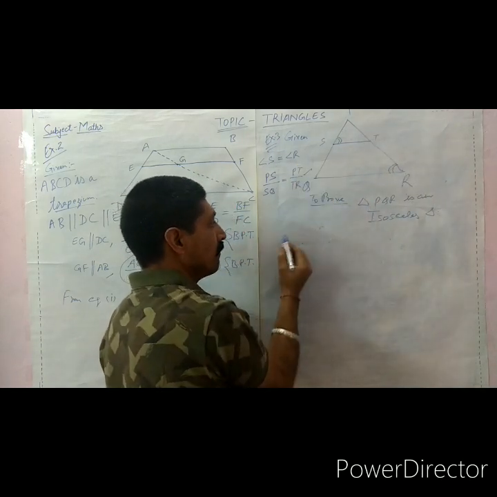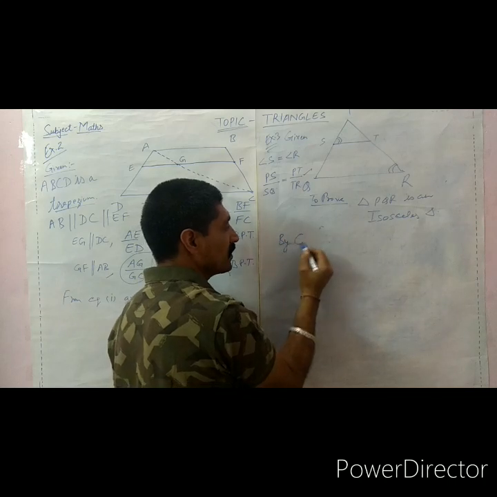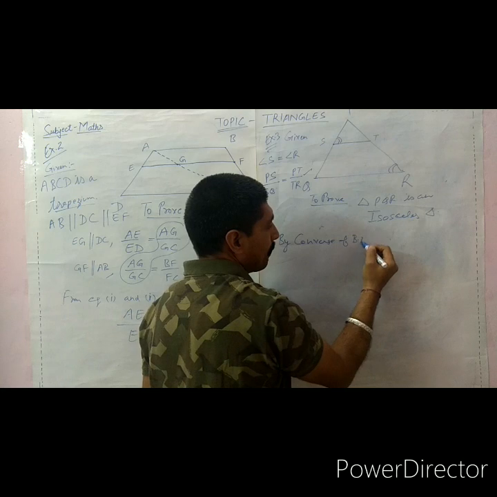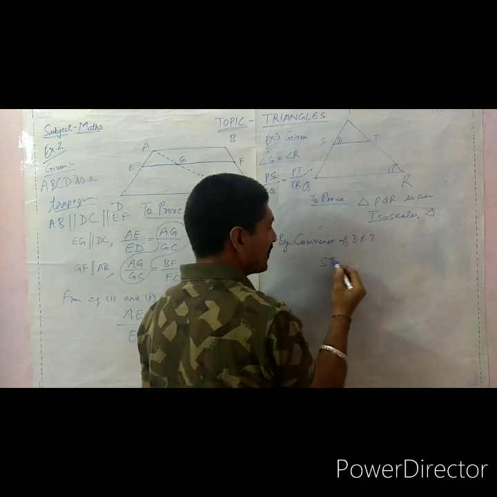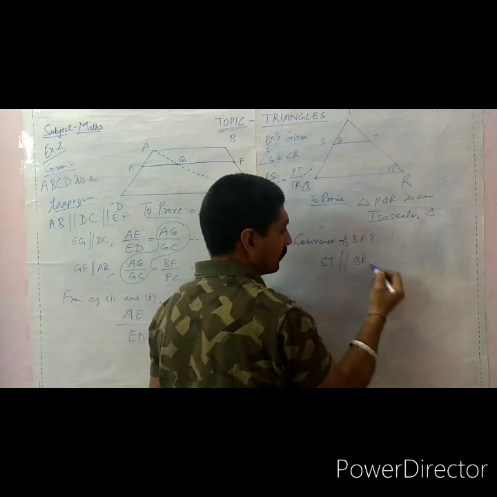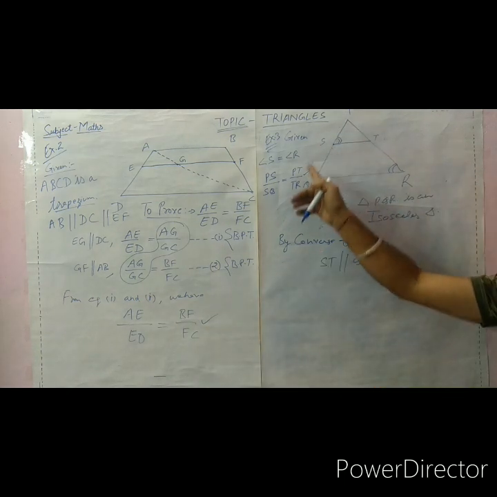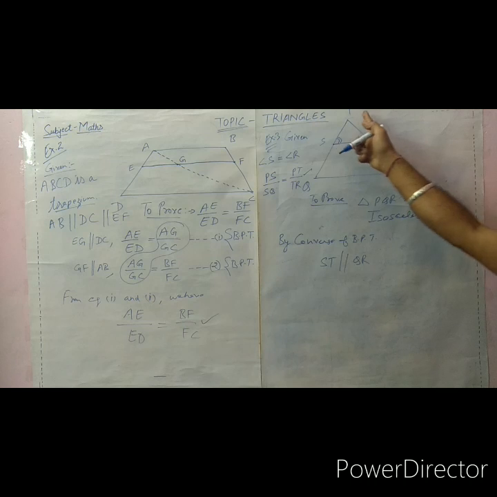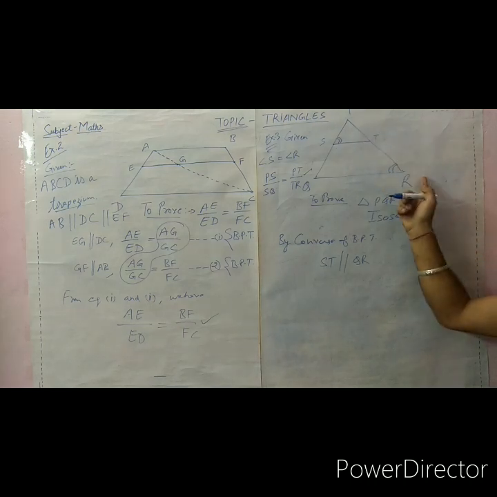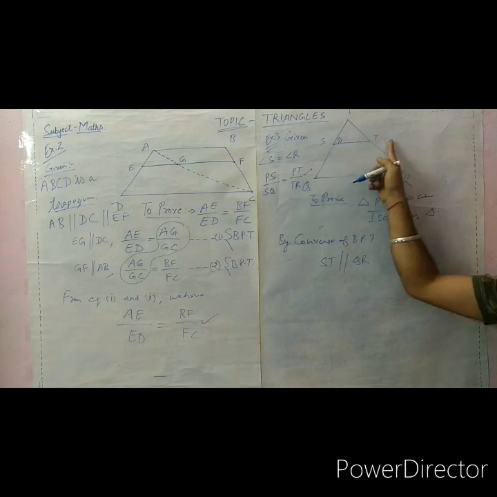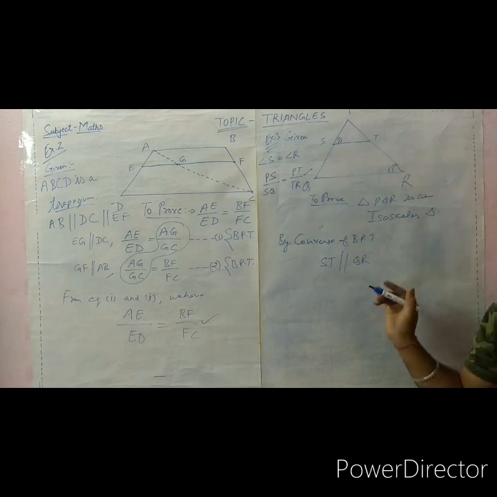So, by the converse of BPT, we have ST is parallel to QR. This is the simple explanation. Here PS upon SQ is equal to PT upon TR, then by the converse of BPT, we have ST is parallel to QR.